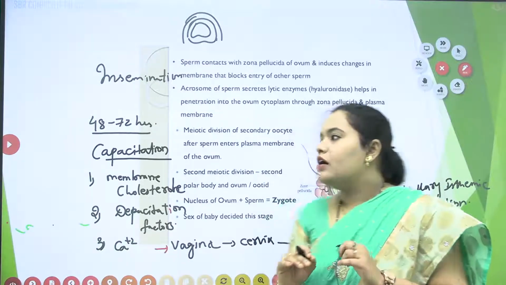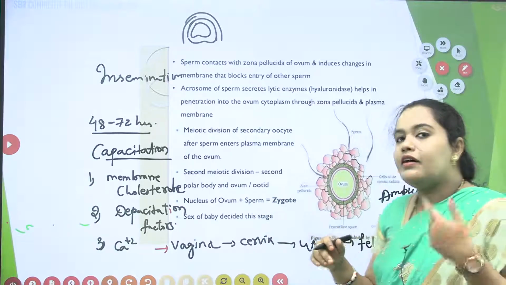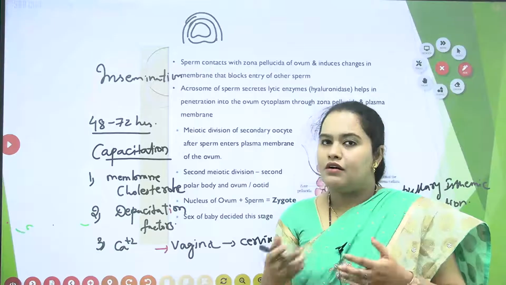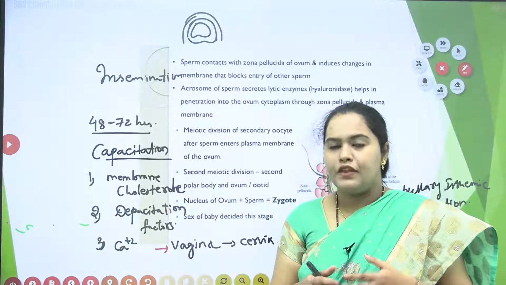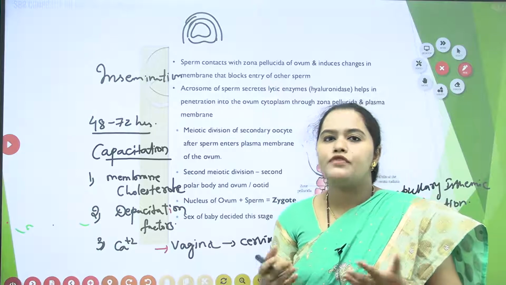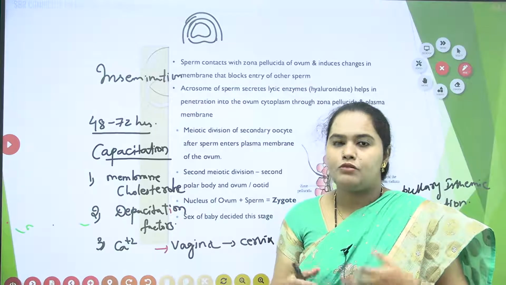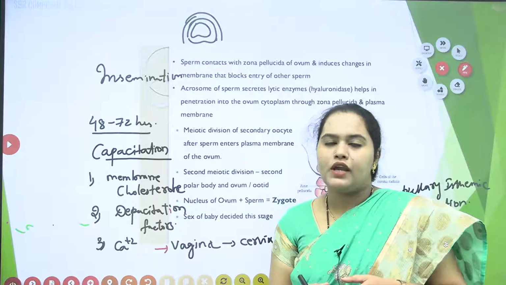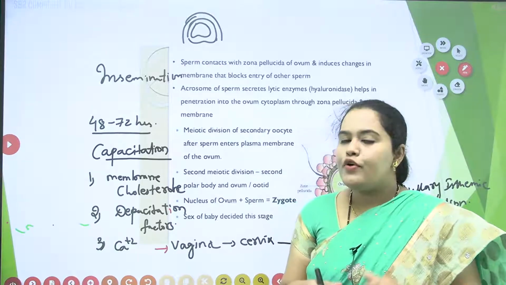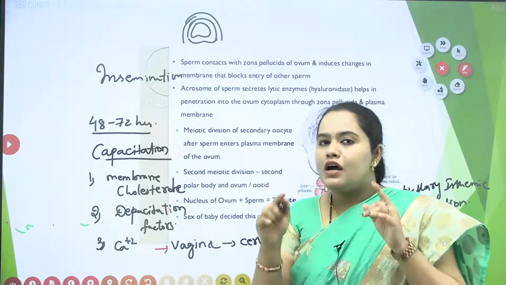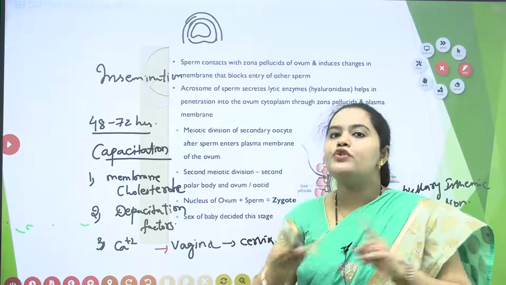That is why it is said that not all copulation or coitus leads to pregnancy. What is copulation or coitus? It is nothing but the release of sperms into the vagina. That is why not all copulation and coitus will lead to pregnancy, because the movement should be at the same time.